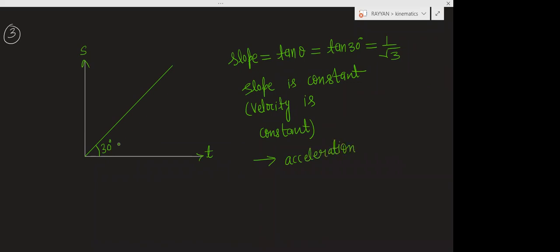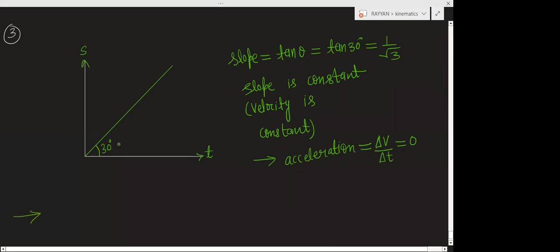Okay, acceleration is change in velocity divided by change in time. If change in velocity is 0, that is why acceleration is 0. Means this is the uniform motion. The body is moving with uniform velocity. Okay, acceleration is 0. The body is moving with uniform velocity.